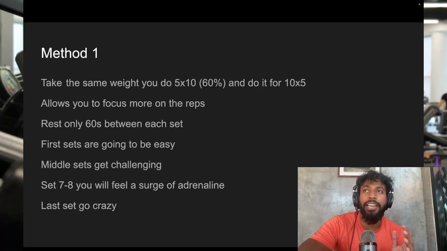If I do more than that, I have to drastically drop the weight, 40%, 30% of my 1 rep max, because your shoulders just die down very fast. They're a very small muscle. They get fatigued very, very quickly. So I found that this method, doing 10 sets of 5, enables you to do all of that volume while still staying safe and keeping the reps clean.